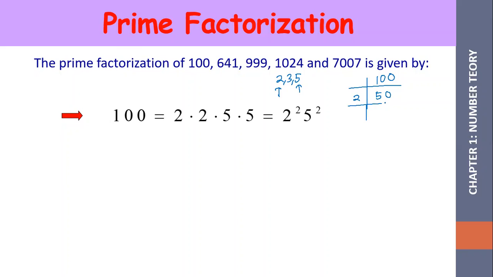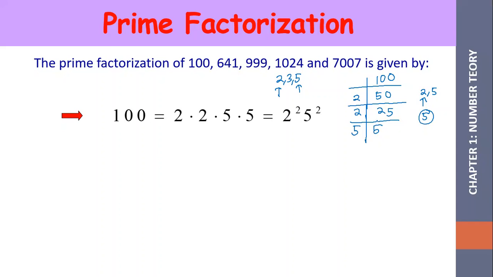So 50, what are the possible primes that divide 50? You have 2 and 5. The smallest is 2, so you choose 2. You get 25. What are the possible primes that divide 25? For sure 5.